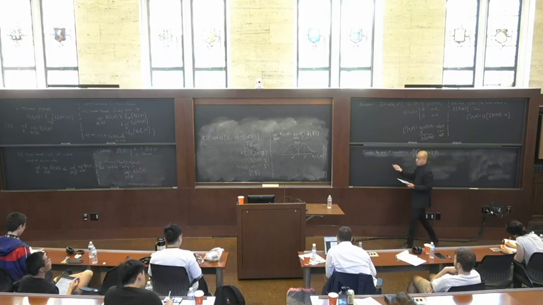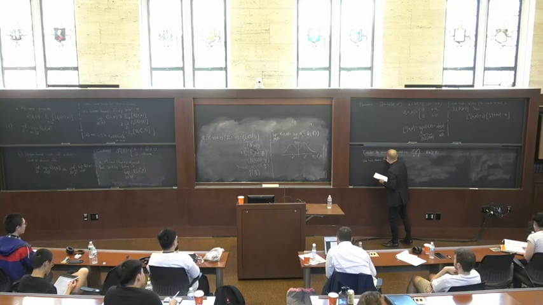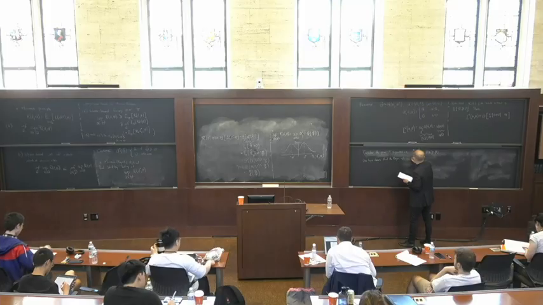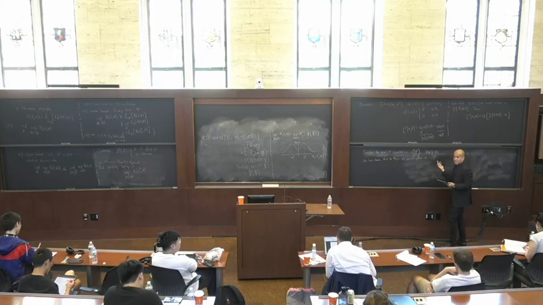Right, so we've shown that the Bayes rule for this prior is D star.